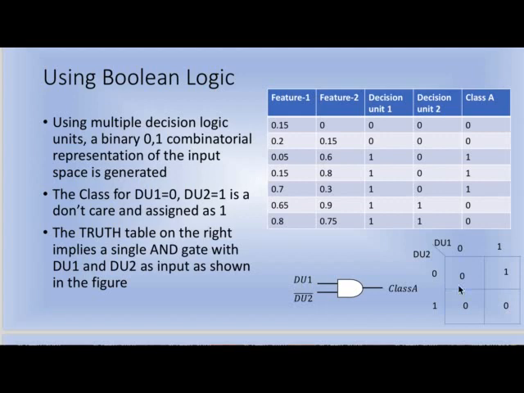And with that, we see that in the Karnaugh map, the cell for decision unit 1 value of 0 and decision unit 2 value of 1 has the value 0, but it actually should be don't care, because that combination of input does not exist in the table. That means in this specific problem it does not arise.